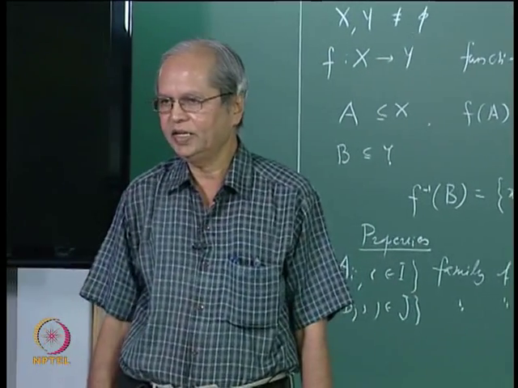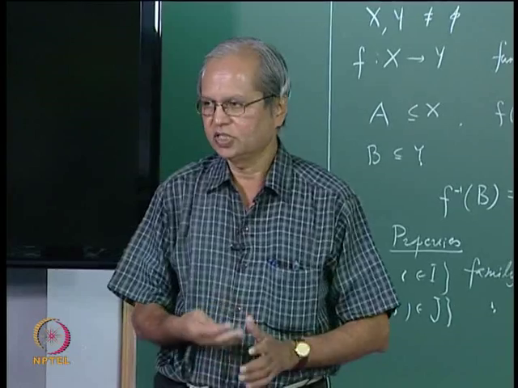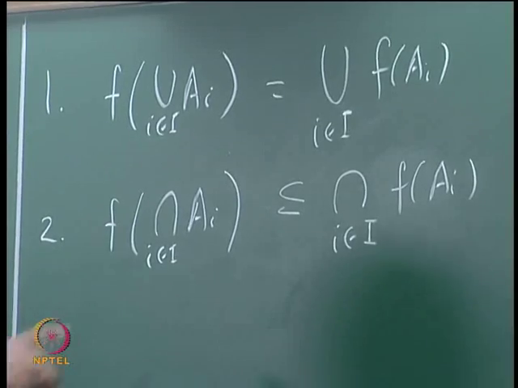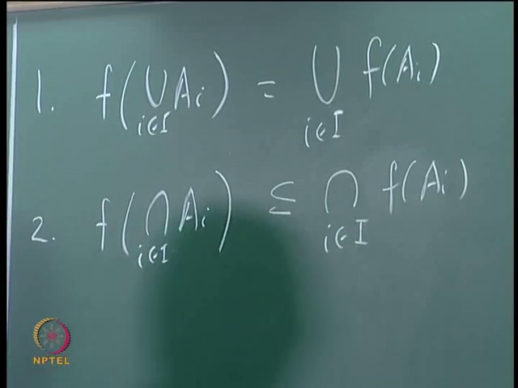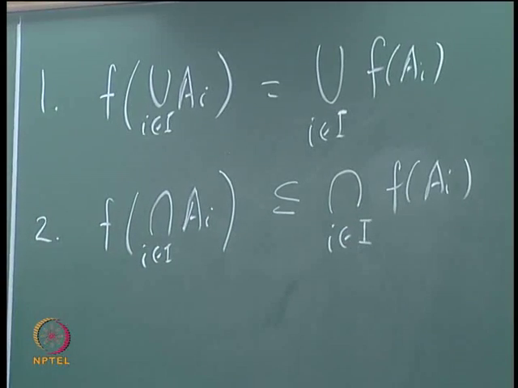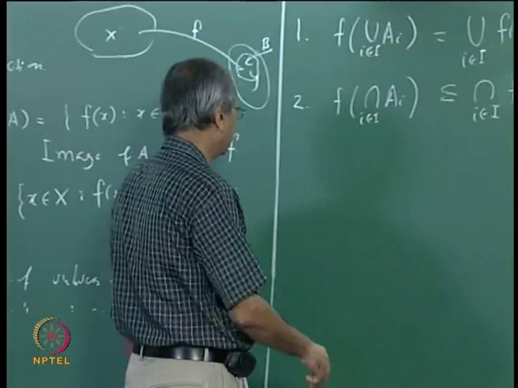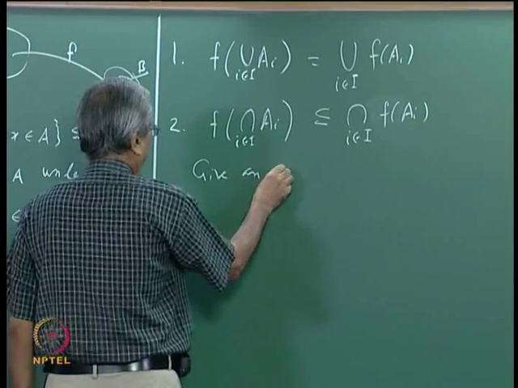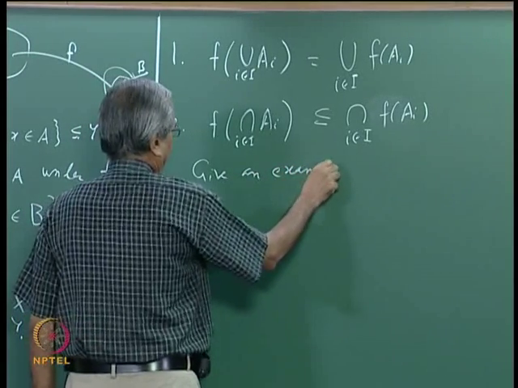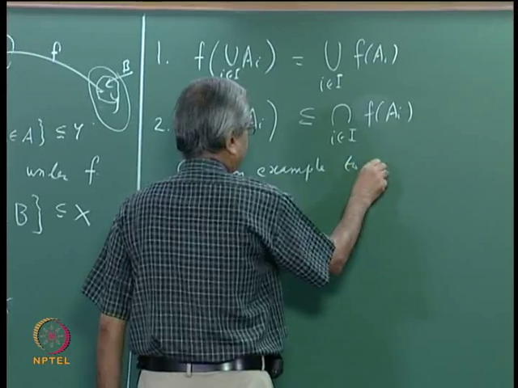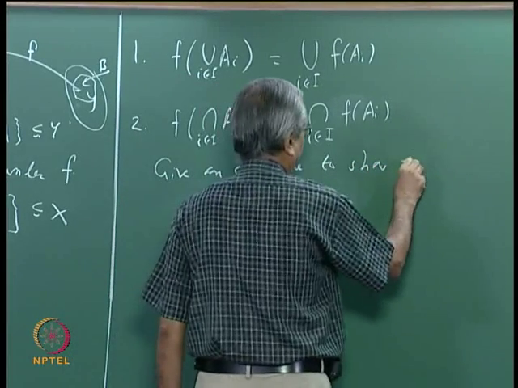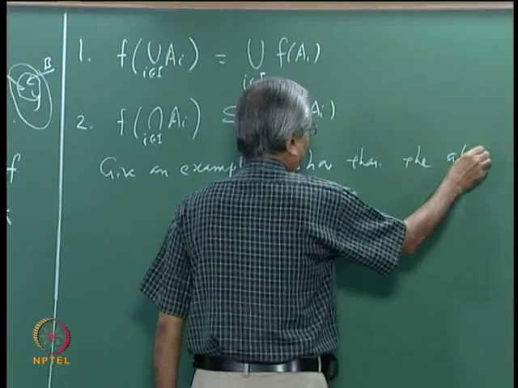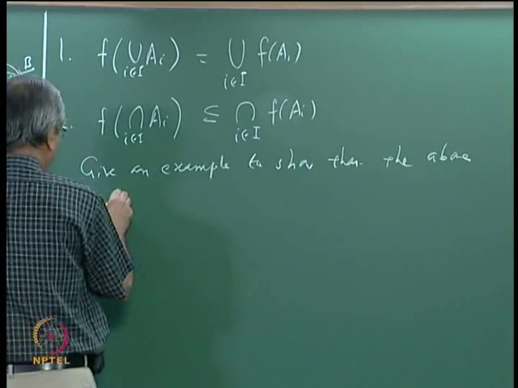You can find examples of a function and these sets so that f of the intersection of the sets is not the same as the intersection of the images. So I will give that also to you as an exercise: give an example to show that the above inclusion can be proper.